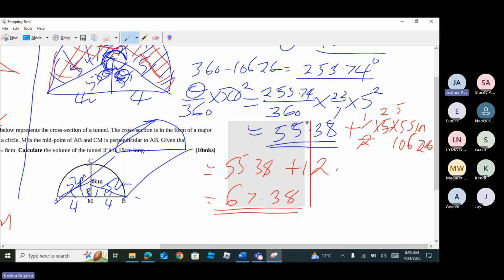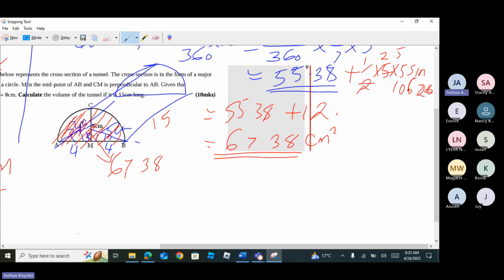You have something like this, if you are confirming, square centimeters. So we have the uniform cross-section area which we have worked out, and we have 67.38. The length is 15.